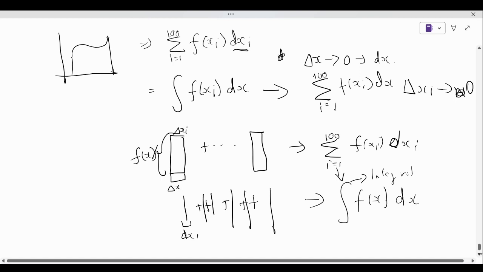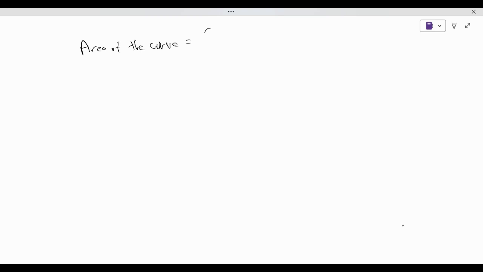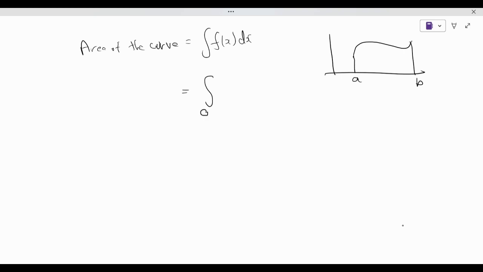Now we have found that the area of the curve is equal to the summation of f of x dx. Now we have to write the beginning and the end of this curve. It starts at A, ends at B. We have to write this in the symbol, like starting from A till ending at B, f of x dx.